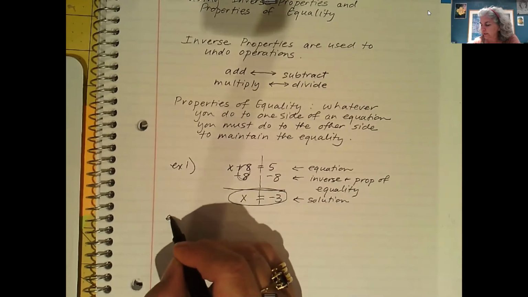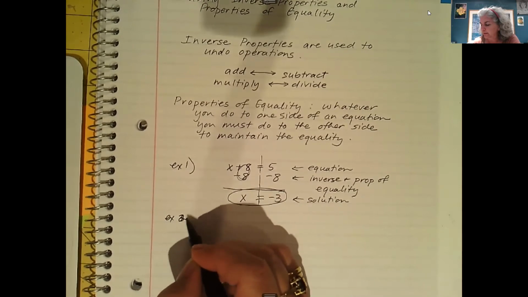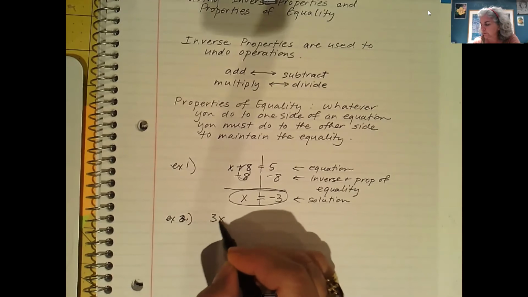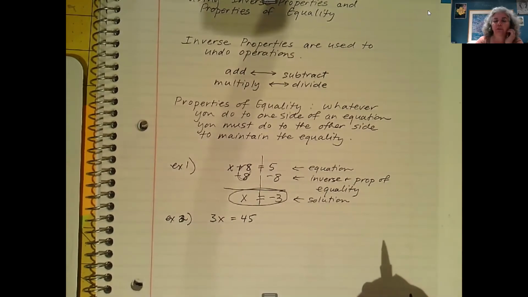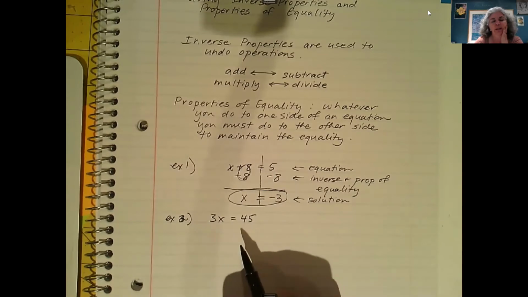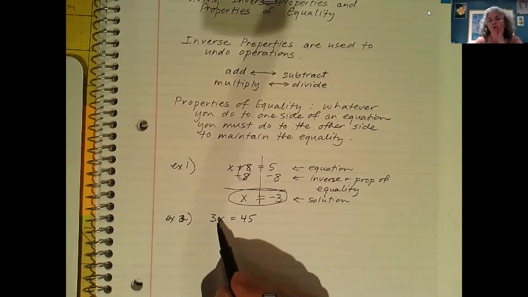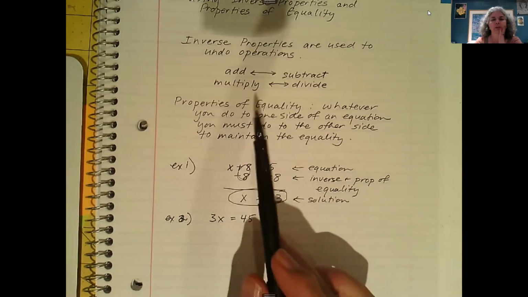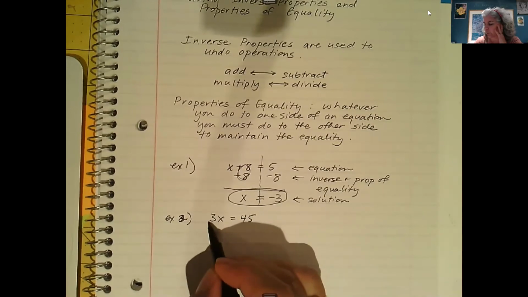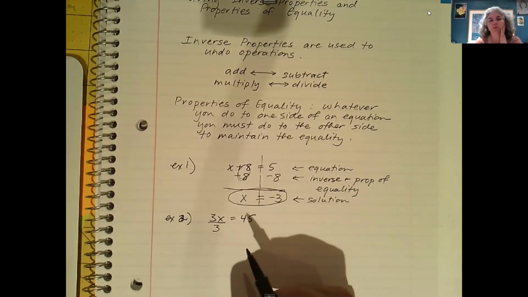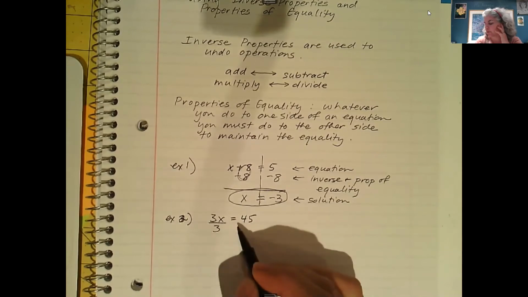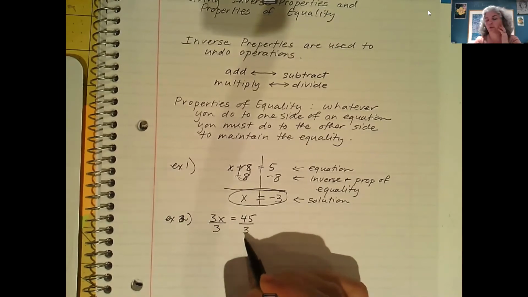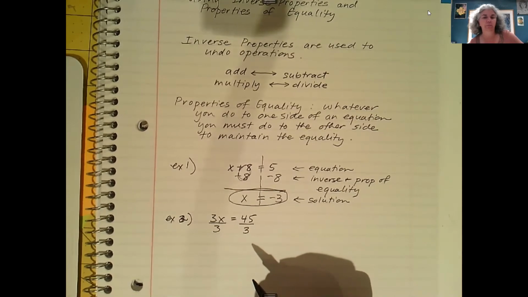All right, let's try another example. This is example 2. I think this was the example I gave in class today. 3x equals 45. So 3x means 3 times x, and so I want the inverse of multiply, which is divide. This is the way we write divide when we're solving equations. We use that division bar. So I'm going to divide that side by 3, and then I have to divide the other side by 3.